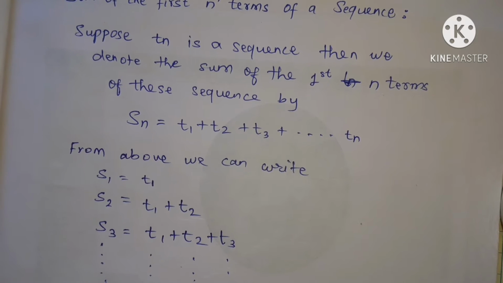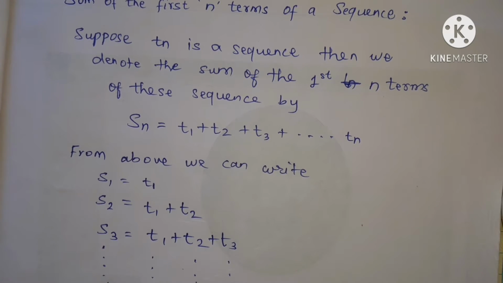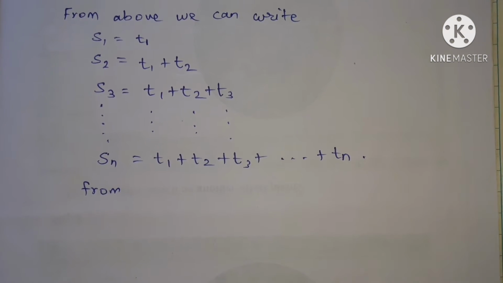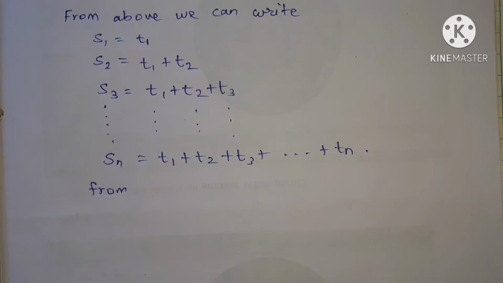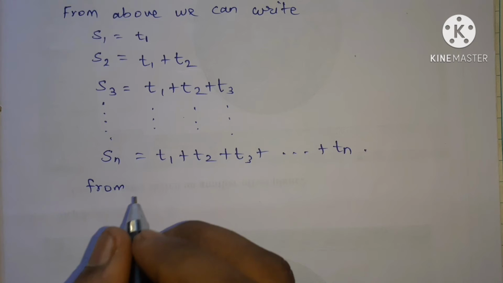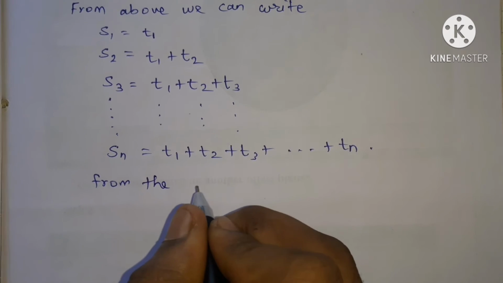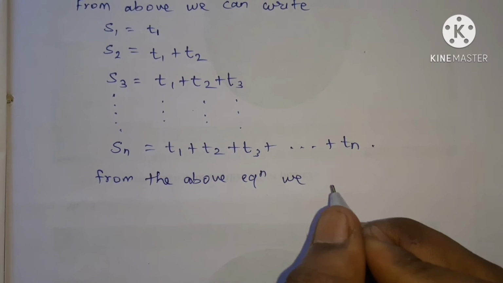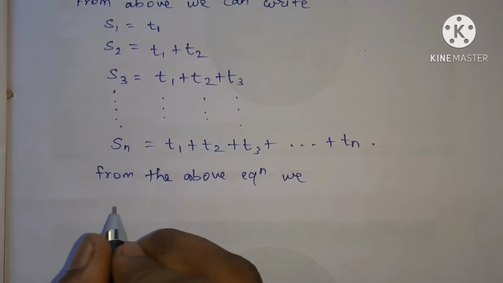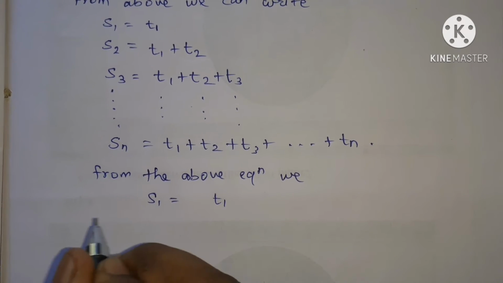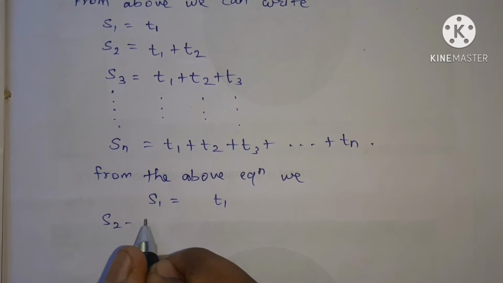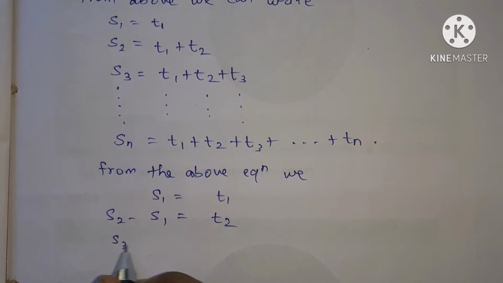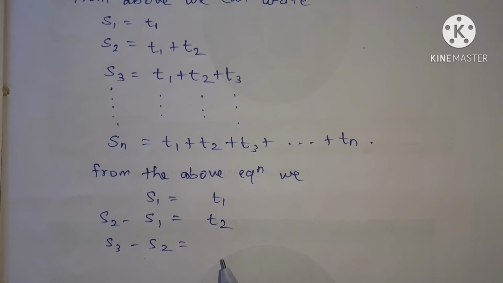From the above equation we can also write, we can see that S1 is equal to T1. S2 minus S1 is equal to T2. S3 minus S2 is equal to T3.